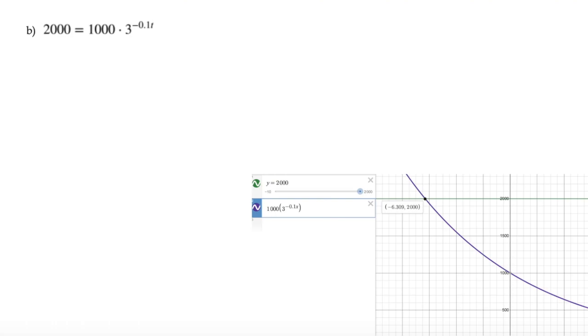We have another example, except this time we have 2,000 is equal to 1,000 times 3 to the power of negative 0.1t. We're going to isolate a little bit here, so we're going to simplify by dividing both sides by 1,000.